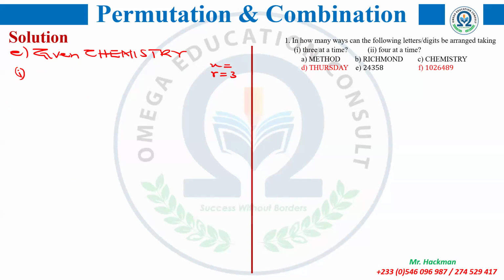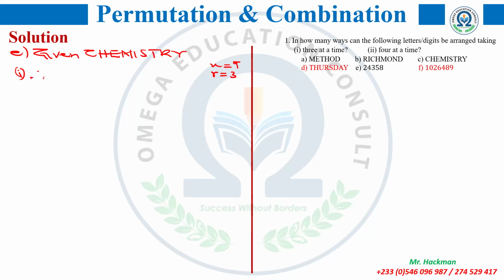9. So first of all, check whether all your objects are distinct. All your letters are distinct, and obviously they are. So we have 9 distinct objects, and we are taking 3 at a time. So our R is also 3.